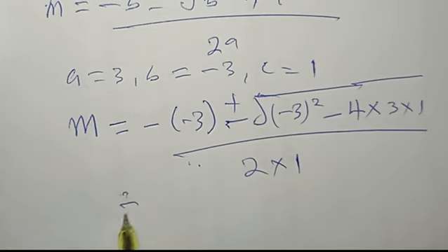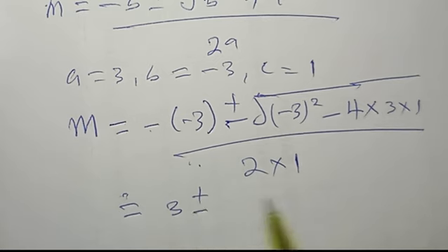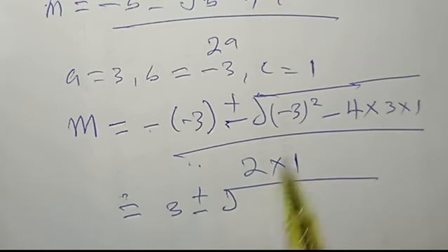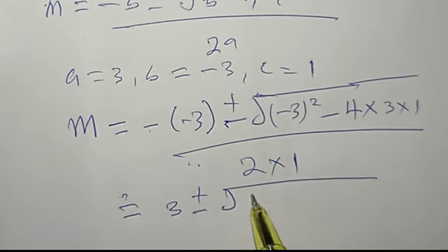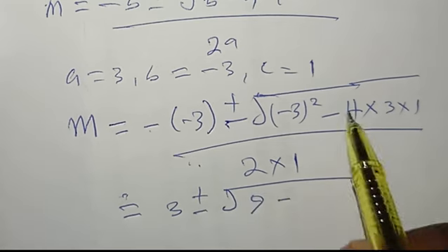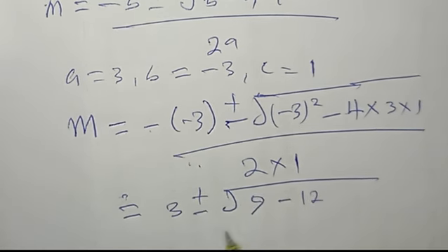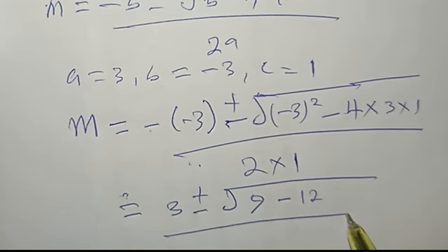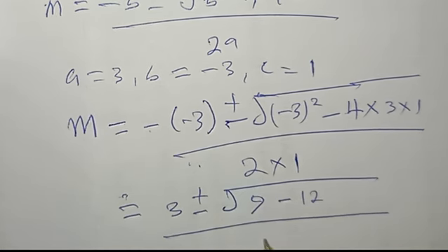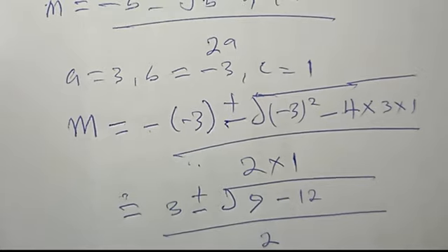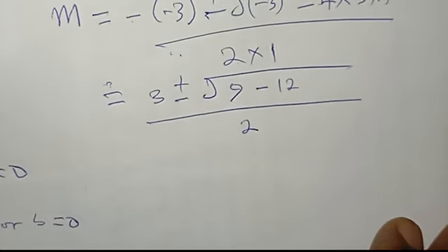And so simplifying, I'm going to have that this is 3, and then plus or minus the square root of minus 3 squared is 9, and then minus 4 times 3 is 12, times 1 is also 12. It's all divided by 2, which is 2 times 1.